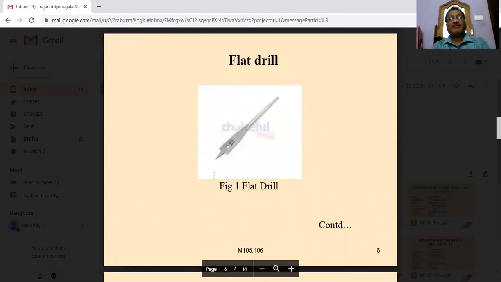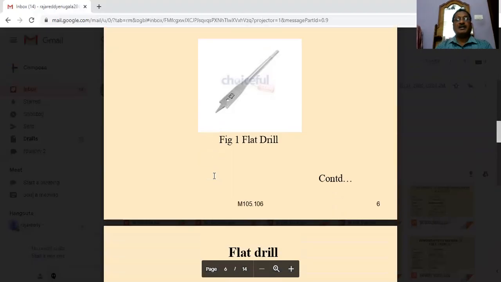Flat drill. Figure number 1 shows the flat drill. You see how it will appear. It is pointed at one end and flat, and the end is tapered.